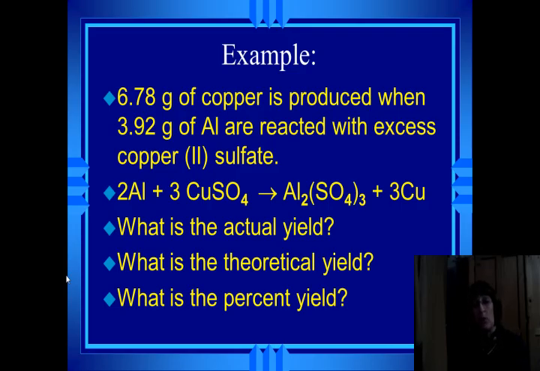So do a mass problem: 3.92 grams of aluminum, figure out how many grams of copper you were supposed to be able to make, and then use your percent yield equation. You'll find these equations on page 3 of your 8 pages, and we will do plenty of problems to give you practice.